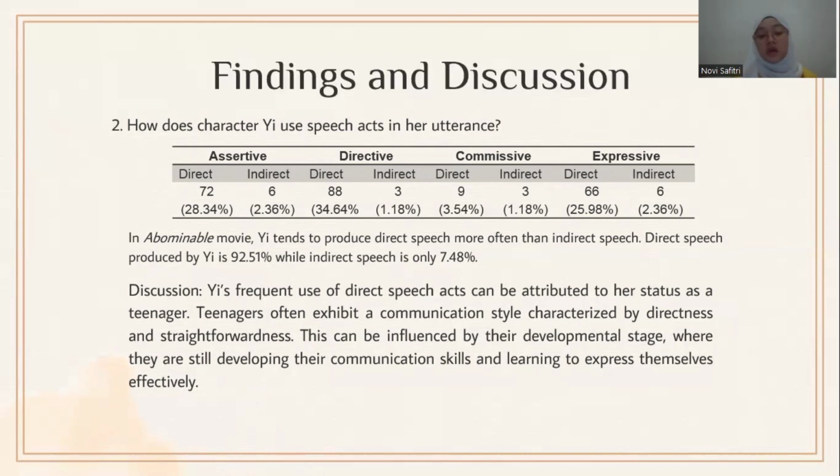Yi's frequent use of direct speech act can be attributed to her status as a teenager. Teenagers often exhibit a communication style characterized by directness and straightforwardness. This can be influenced by their developmental stage, where they are still developing their communication skills and learning to express themselves effectively.